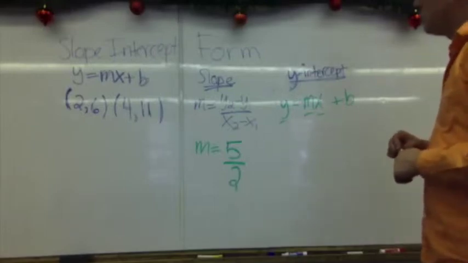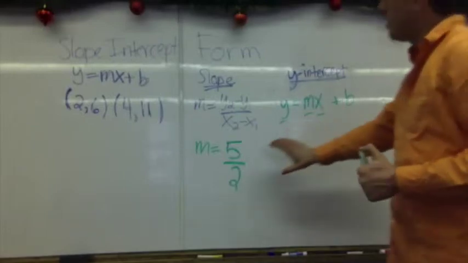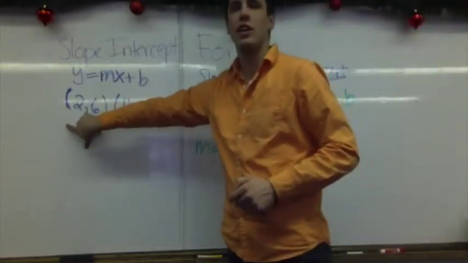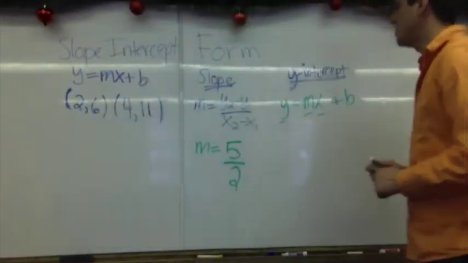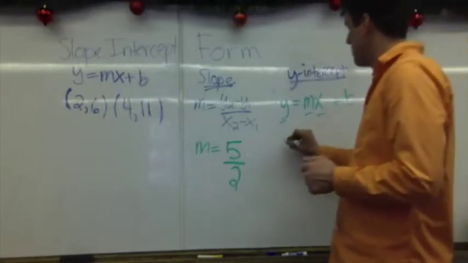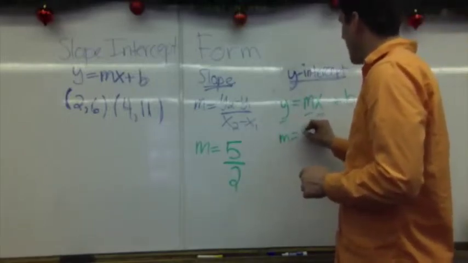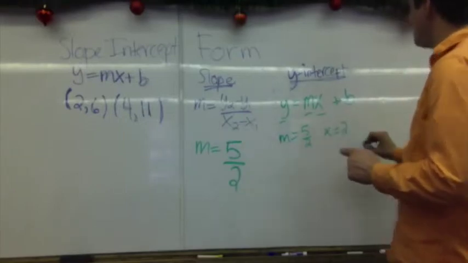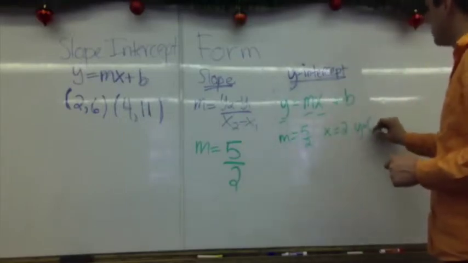You are going to take your m value that you found already, and then you're going to choose one of the coordinates over here, and we're going to choose 2, 6 right now. So your m equals 5 halves, your x equals 2, and your y equals 6.